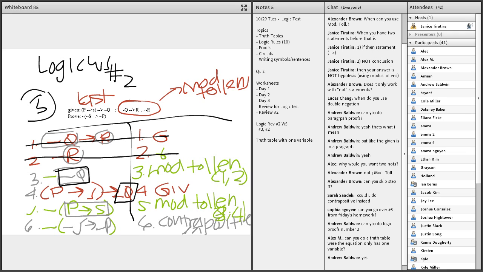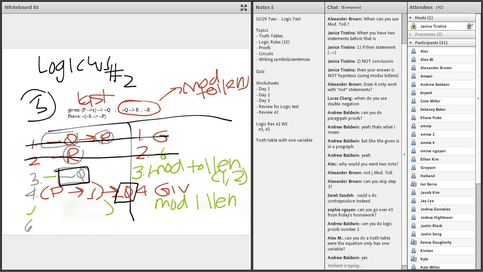Here's the 8-stepper. So I'm going to try to delete these steps. Okay, delete. Oh, I didn't delete everything. Let me try to get more. Delete. Delete.